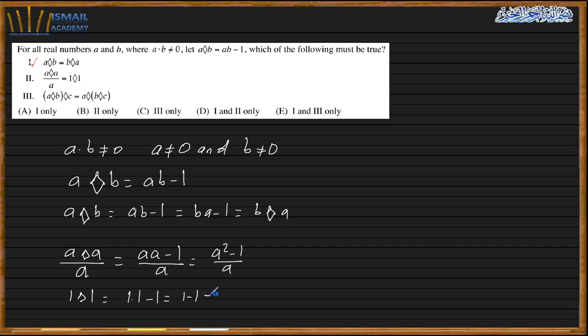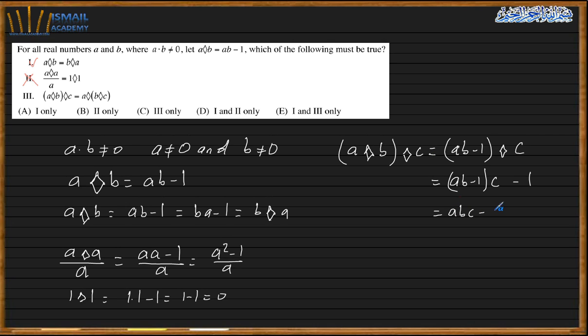And for the third one, this is AB minus 1 diamond C. So first one minus 1, which is ABC minus C minus 1.